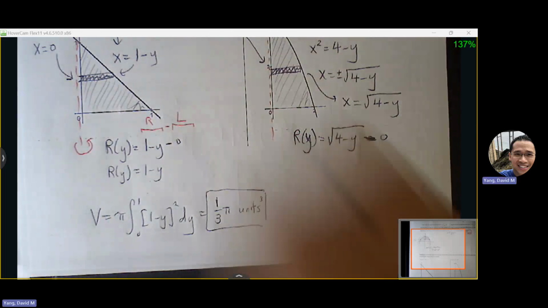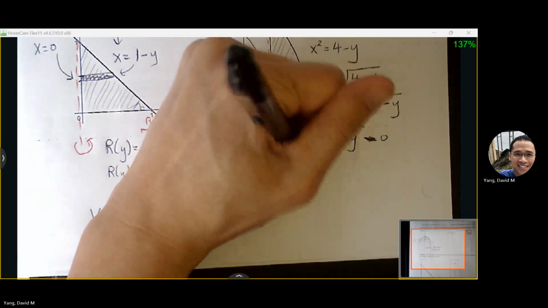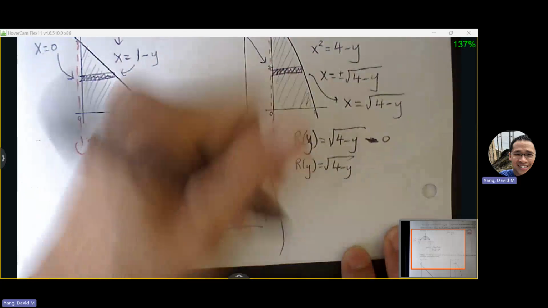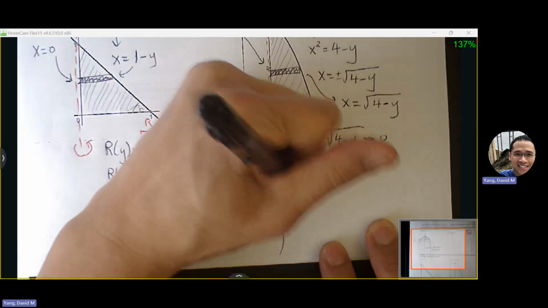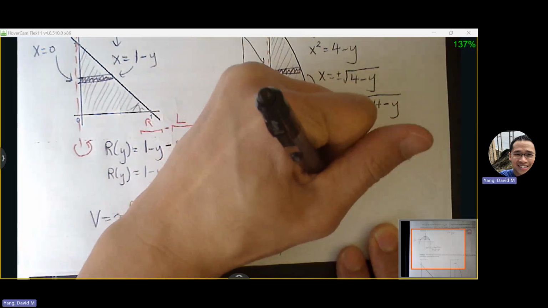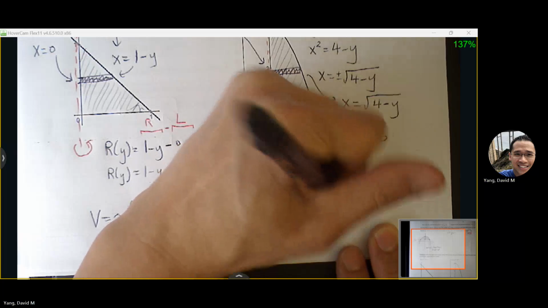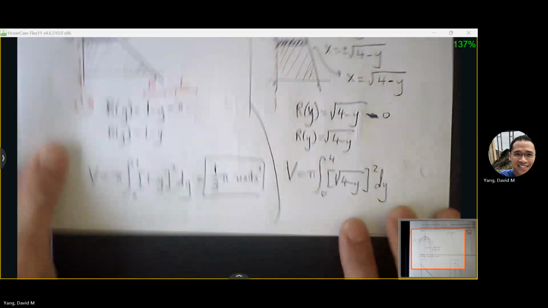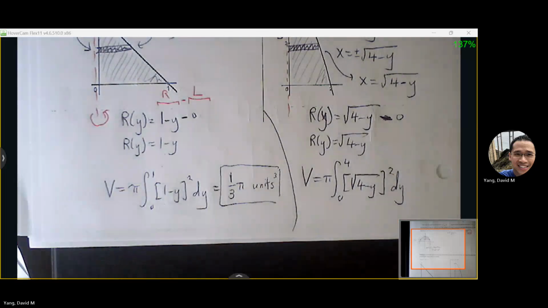Just root 4 minus y. Okay, ready to put into our volume formula. Pi comes first, integral from 0 to 4, big radius, quantity squared, dy. Okay, let's practice plugging into the calculator.